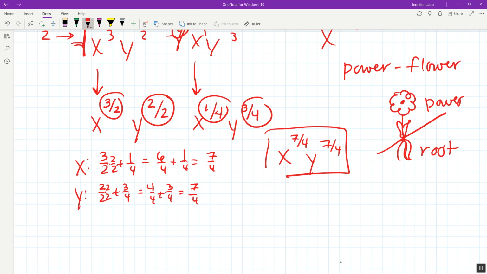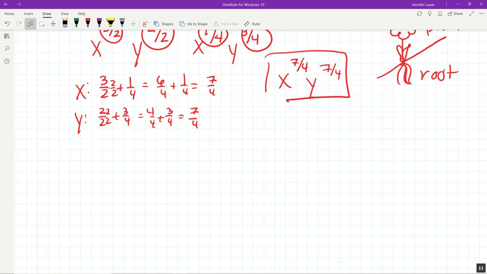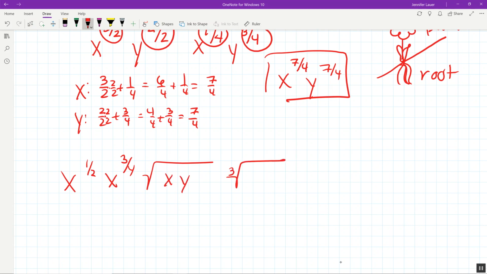These are from lesson 5 in your Saxon Advanced Math 1 book, if you want to follow along from there. This is number 7. I did number 7, now I'm doing number 8. As soon as you see this, a couple of them are already in exponential form, so I'm just going to bring them straight down.